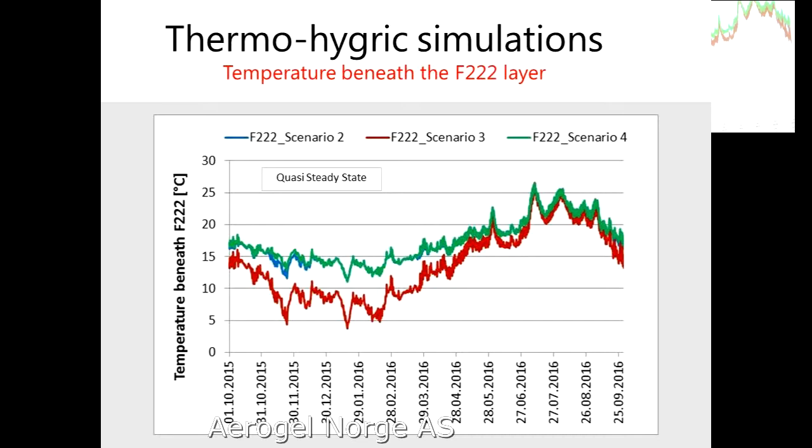So you see here again the temperature beneath it in the 2 scenarios. Scenarios 2 and 4 are the same, because both of them have the same temperature difference. The outer water repellent layer has no influence on the temperature itself.